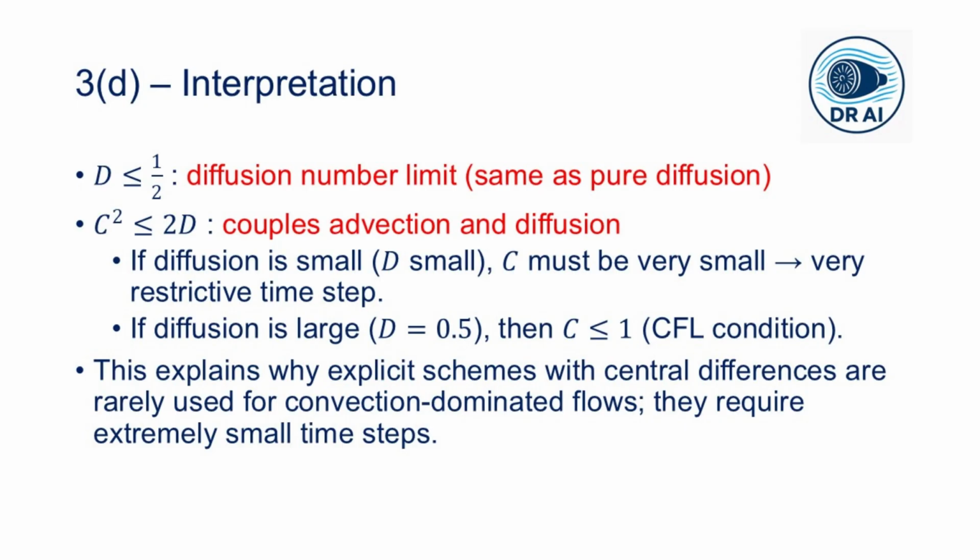Conversely, if the diffusion is large, d can be up to 0.5 in value, then c square would be less than or equal to 1, so c would be less than or equal to 1, and that's the classical Courant limit condition, which is the CFL condition. So the stability condition essentially says the time step must satisfy both a diffusion limit and a more restrictive combined limit when advection is strong.